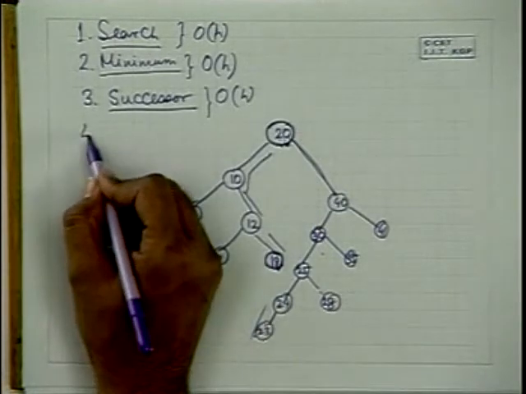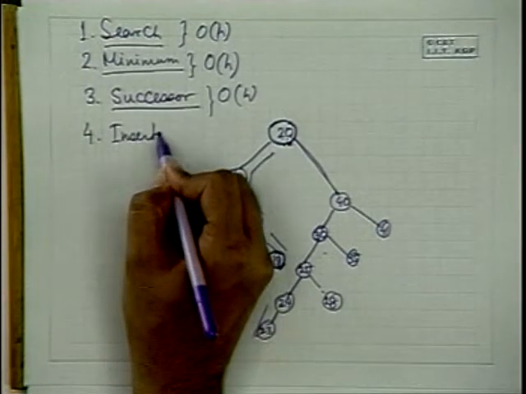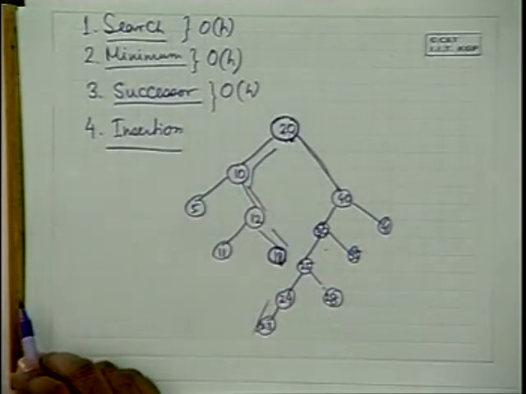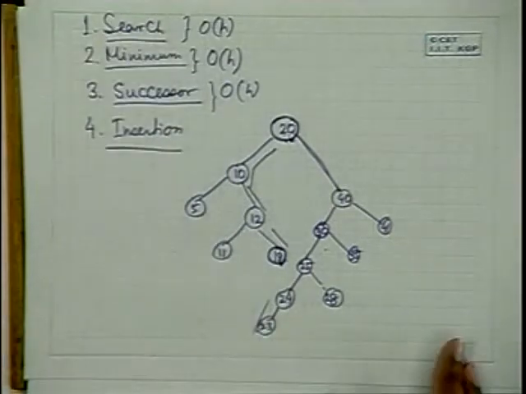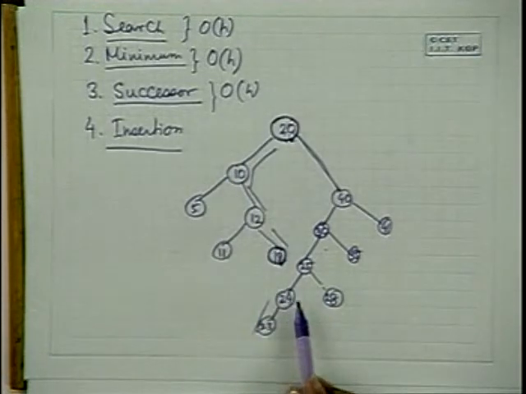Now the fourth function which we will see is insertion of a node. I am going to write the function for inserting a node. For inserting the node, first you find the position of that node. Suppose I want to insert 39, which is not there.